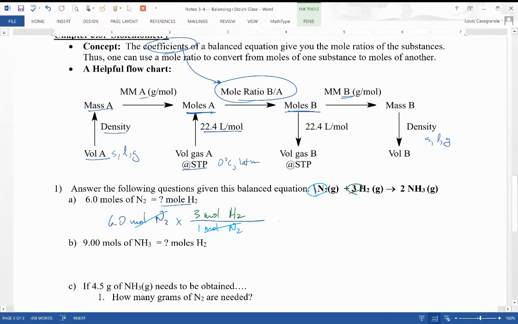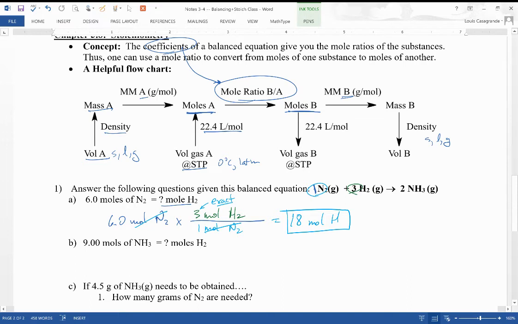The moles of nitrogen, the units cancel out. And we have 6 times 3 is 18. And we have 2 sig figs, moles of hydrogen. Notice that the coefficients are exact. They don't have any precision difficulty, and so they don't contribute to the sig figs. 18 moles of hydrogen.